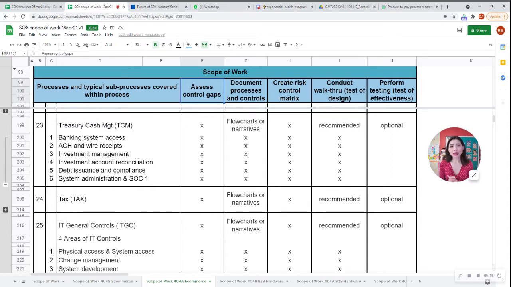We also typically cover investment management, and investments can include marketable securities. It can include private stock or equities that you're buying. So we lumped it together with investment management and investment account reconciliation. If you have marketable securities, which our tech companies all have, they either are sitting there to be used or a certain amount is invested.